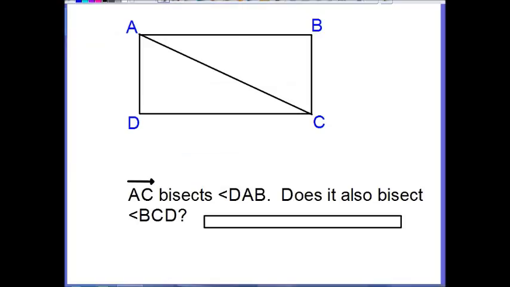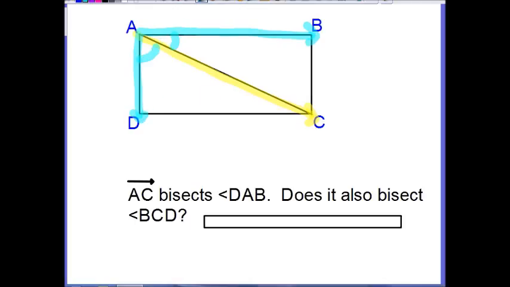So here's my first example. We're given that AC bisects angle DAB. We want to know, does it also bisect angle BCD? Well, let's highlight this. Ray AC, which is this ray right here, is bisecting angle DAB. Now, we're going to put in our tick marks here.